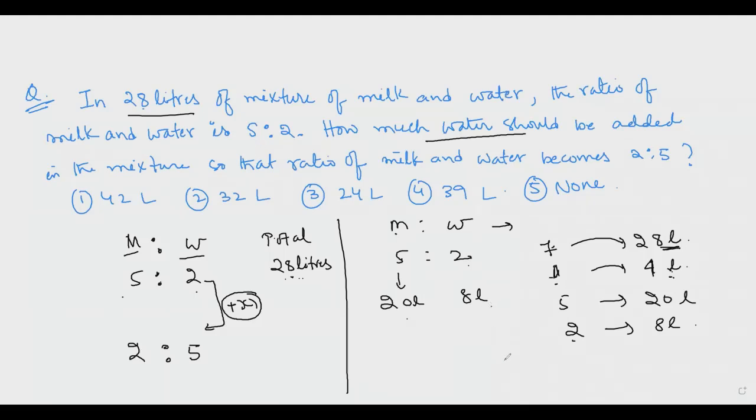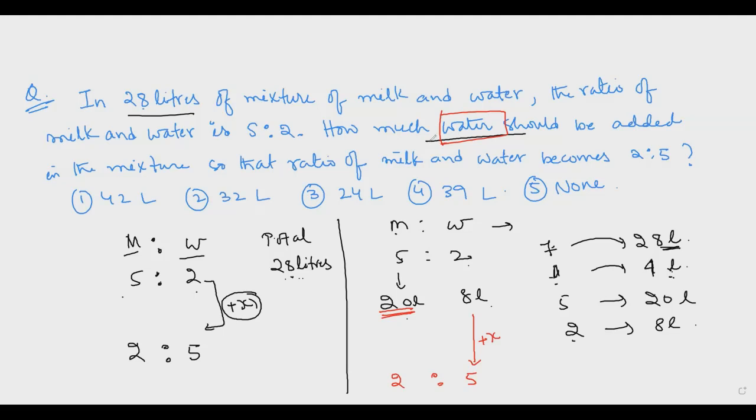So far so good. Now, after that, what do we have to do? We add x water, and the ratio becomes 2:5. Now what I'm saying is that whenever we add water, the amount of milk does not change. The question says we have to add water, not milk.